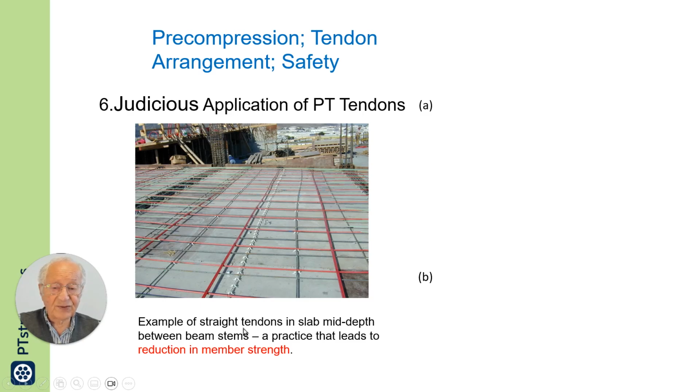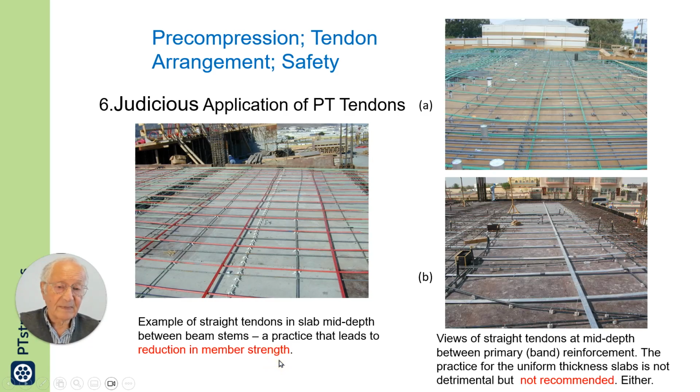Example of straight tendons in mid-depth between the stems, a practice that leads to reduction in members' strength. These are harmful for flanged beams.